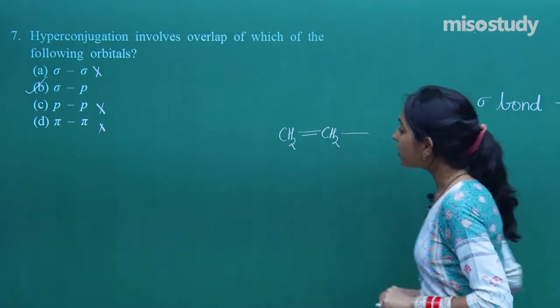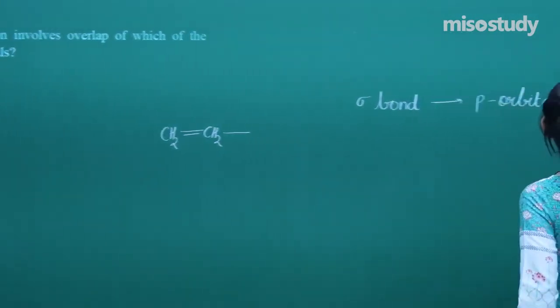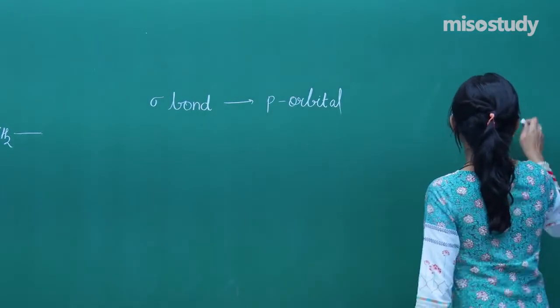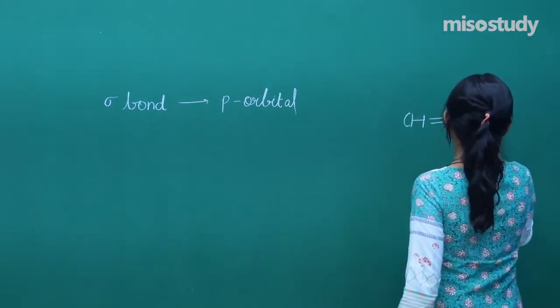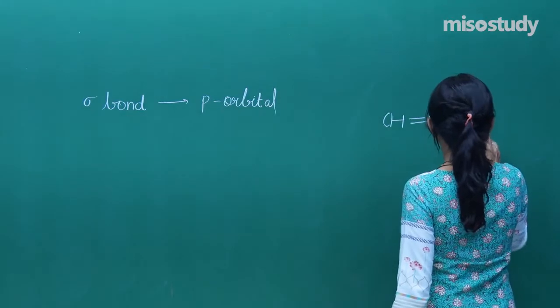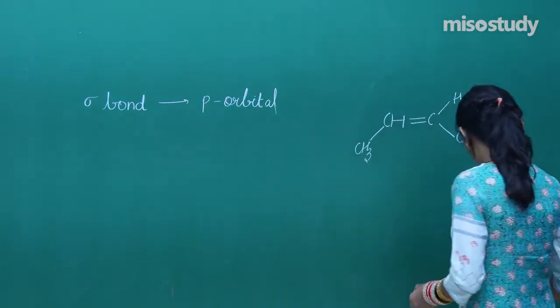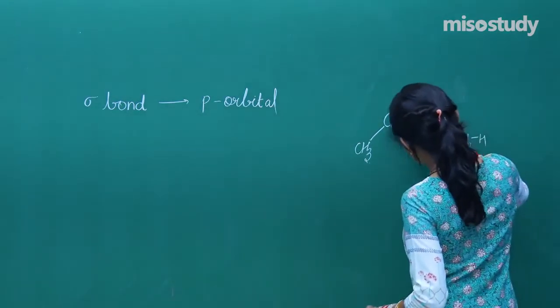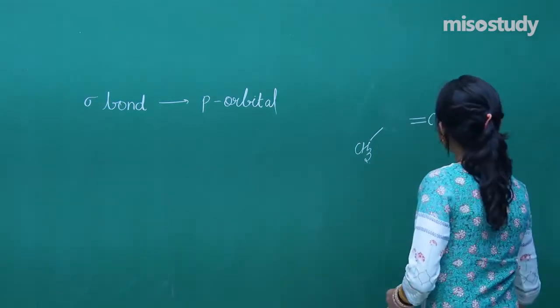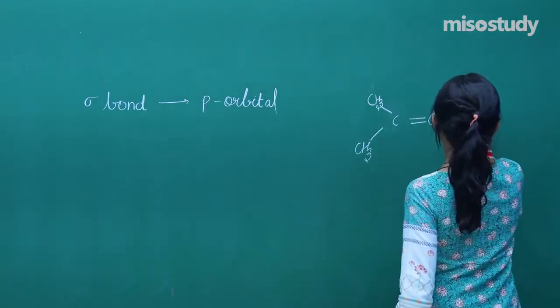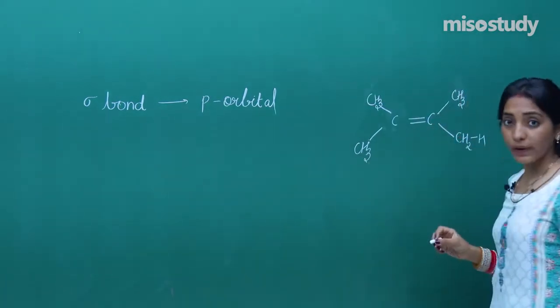For example, if I take a compound CH double bond CH, then CH2 and one H is there. So this is CH3, or if I remove all the single hydrogens and in their place keep CH3 only, like this. Okay.